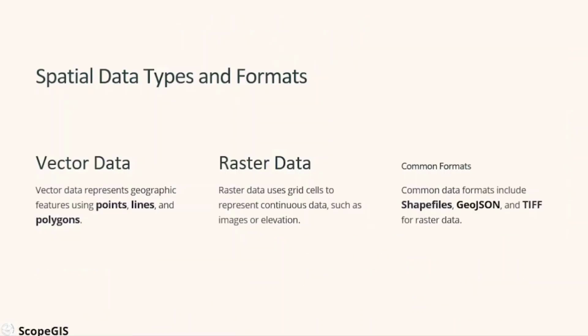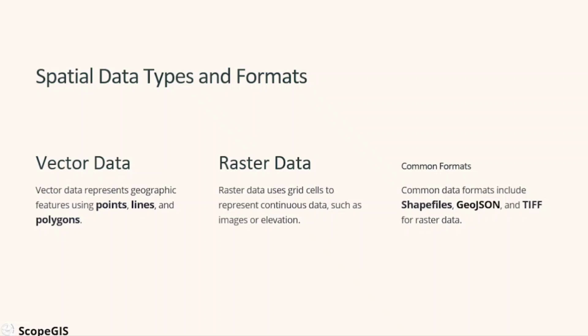So we move on to spatial data types and formats. What kind of data types does a GIS system accept? Well, there are two main types: the vector and the raster data type. The vector data basically represents geographic features using points, lines, and polygons, whilst the raster is a more pictorial kind of data.